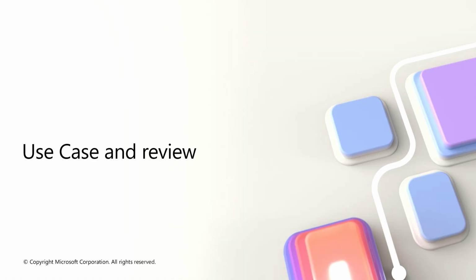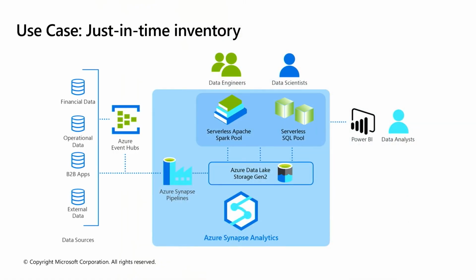Time to review what we learned. Aggreko, a global provider of temporary power and energy services, uses Azure Synapse to boost operational efficiency and enable just-in-time equipment supply. Previously, their batch data ingestion took 4 hours and ran every 8 hours, causing significant data lag due to daily warehouse rebuilds.